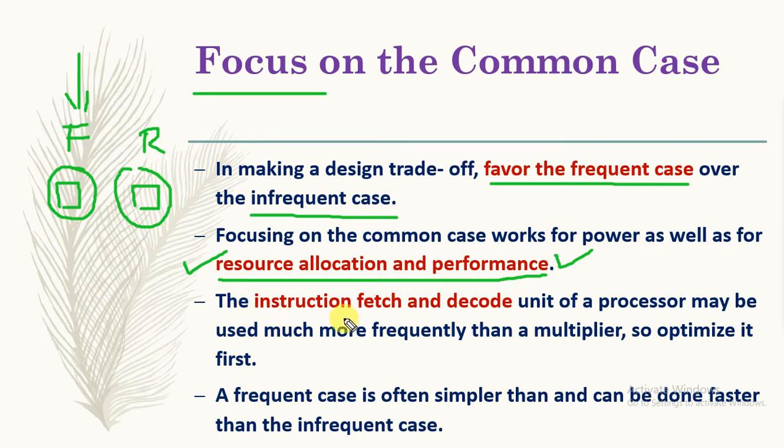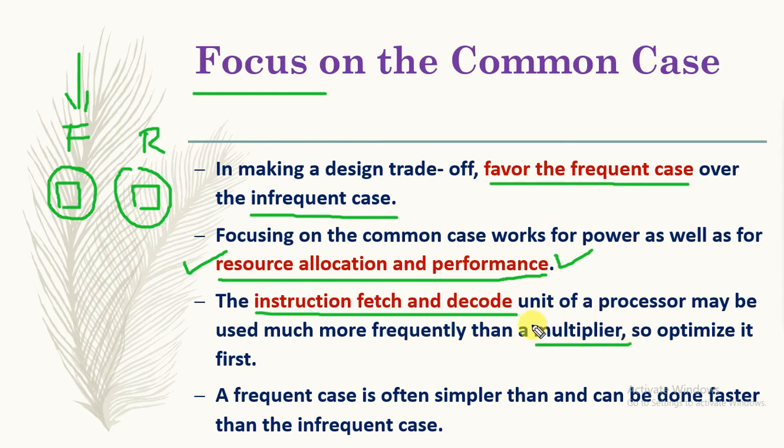One example is the instruction fetch and decode unit of a processor, which may be used much more frequently than a multiplier. Many instructions are executing simultaneously and all the instructions require fetch and decode, but not all the instructions require the multiplier.